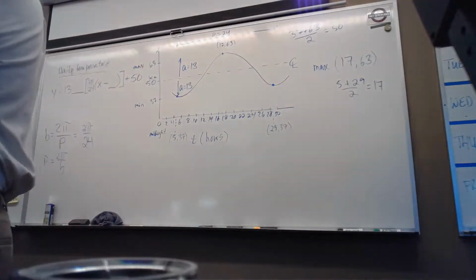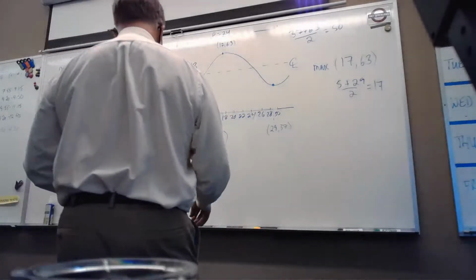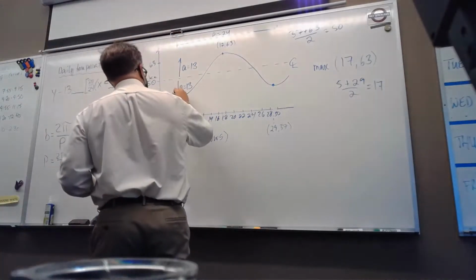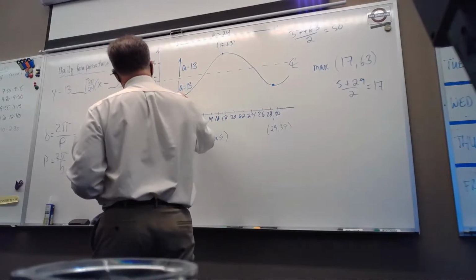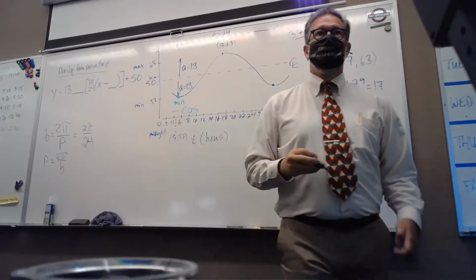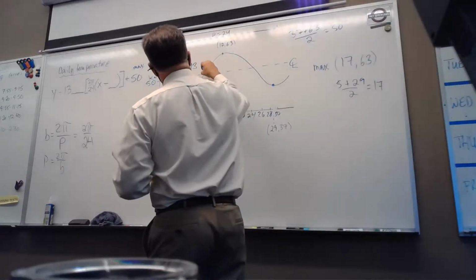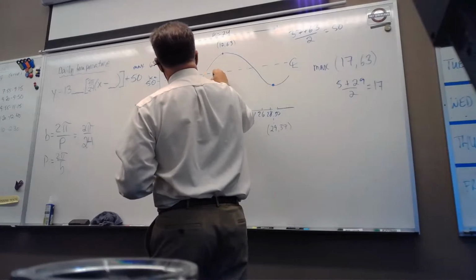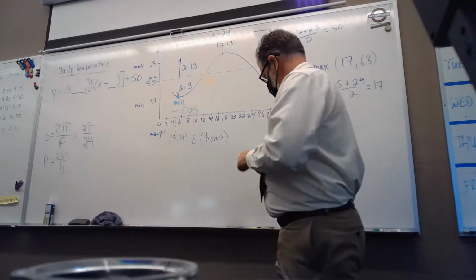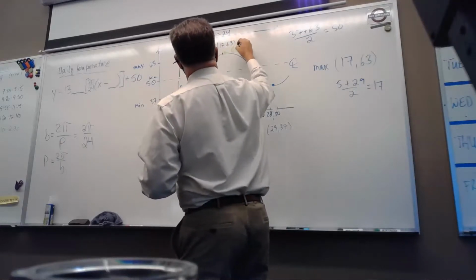Depends, because your phase shift depends on what kind of function you decide to have. Do you agree that we could start right here at a minimum, by the way, this is a minimum, and be negative cosine? Could I start here and be sine? Yes. Could I start here and be cosine? Yes.